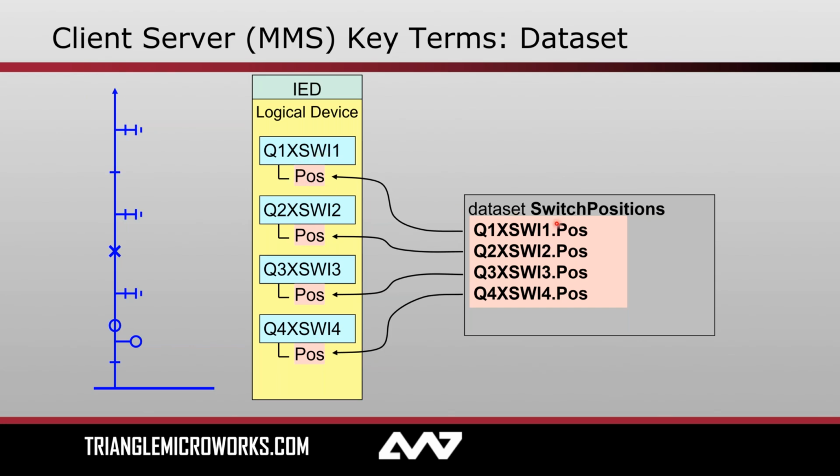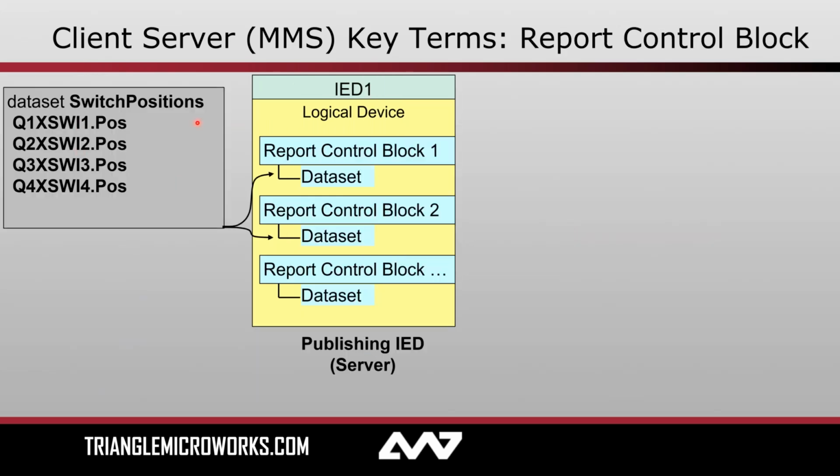Now, typically with our client server data communications, we're going to include that entire data object into my data set. So that includes within that data object the actual status value telling us the position of the switch, but also our quality and timestamp.